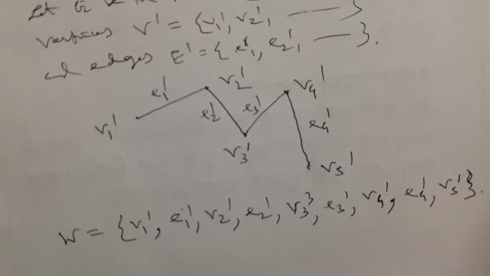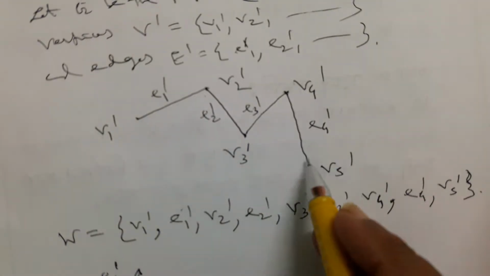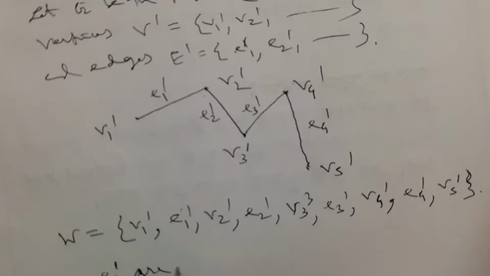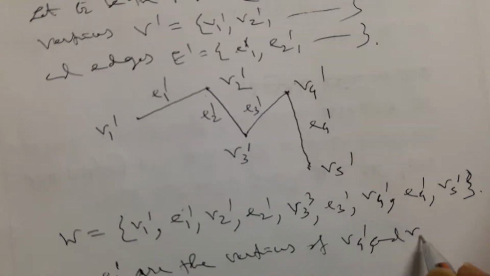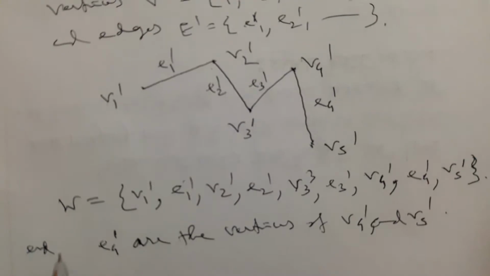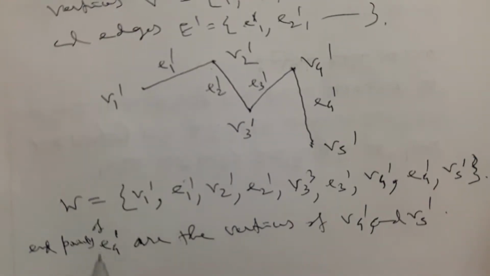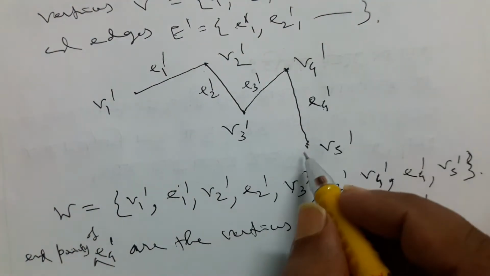That means the endpoints of E4' are the vertices V4' and V5'.